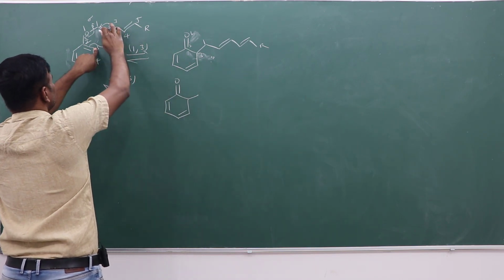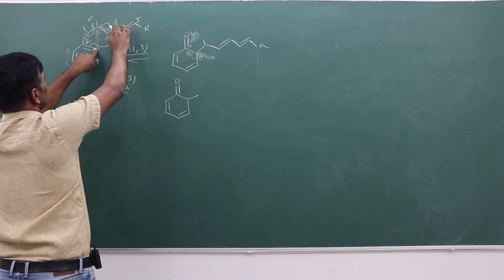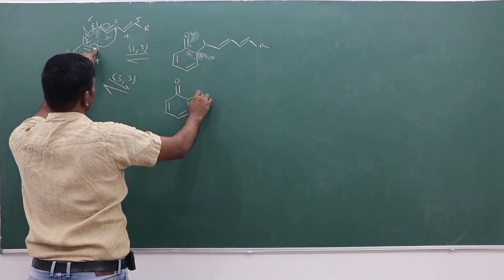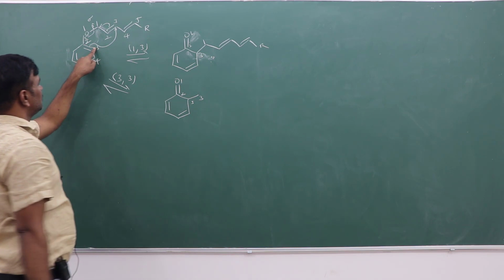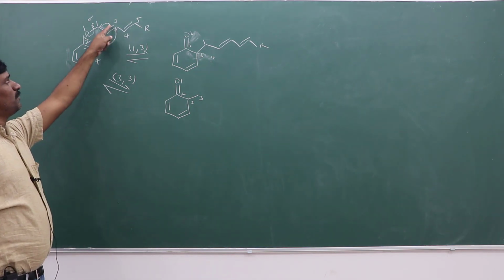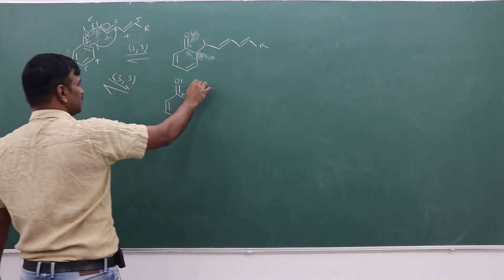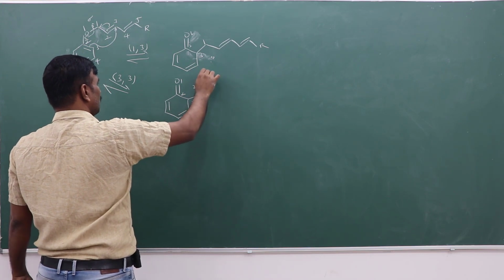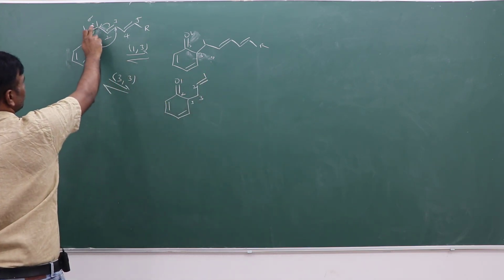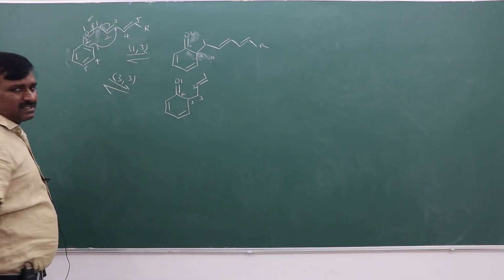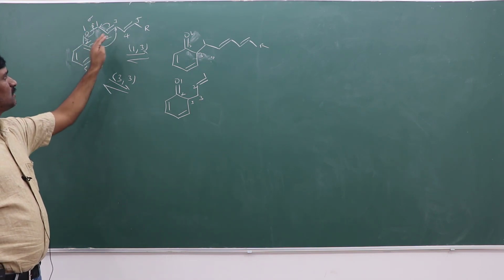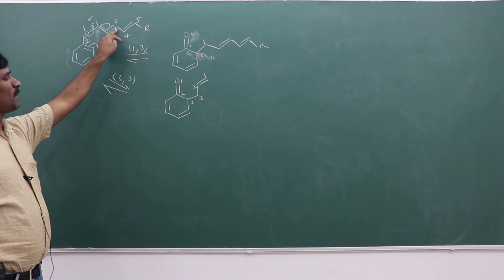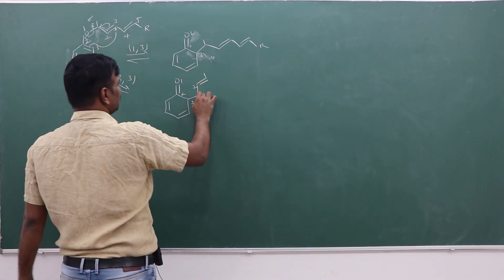So the 1-2 positions have a double bond. Here there is breakage of the bond. The sigma bond has migrated from the 1,1 position to the 3,3 position. So this is not changed.